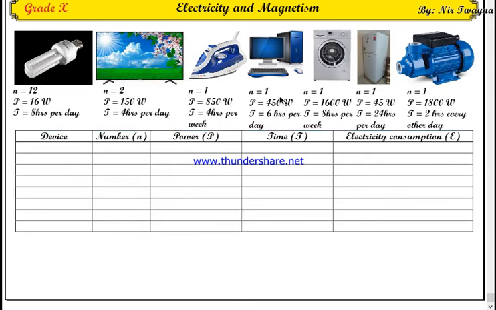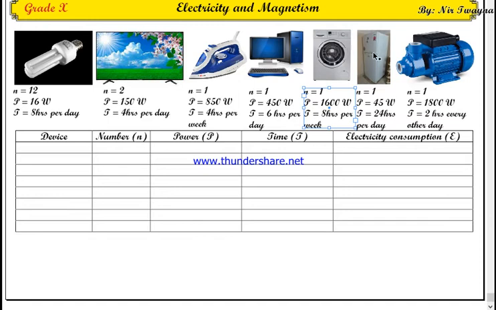They have a personal computer, one set, and the entire set consumes 450 watt of power, and they use it for 6 hours every day. And then they have a washing machine, one. Its power consumption is 1600 watt, and it is operated for 8 hours per week.